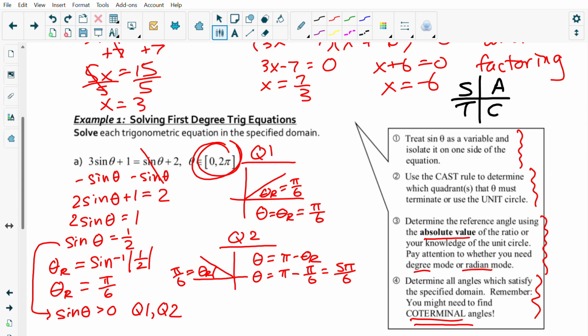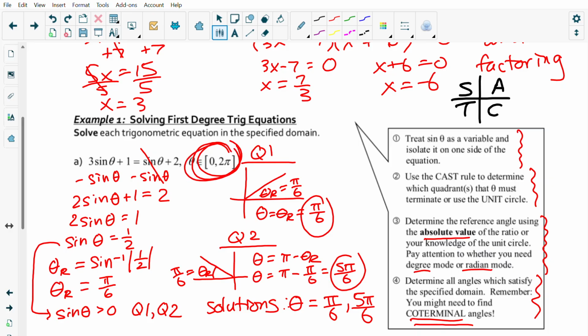So I don't have any coterminal angles, so my solutions are theta equals pi over 6 and 5 pi over 6, and I'm within my domain there. Okay, before I move on, I need to point out that we have to do this analysis.